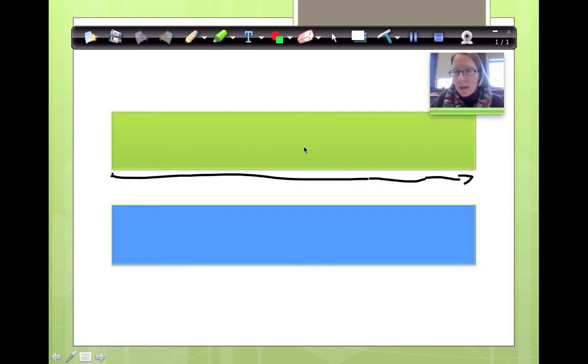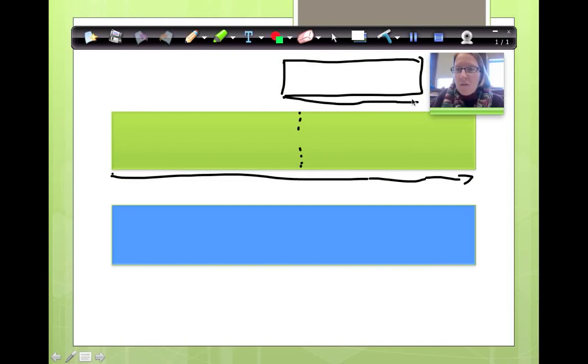And when you do that, your paper now looks like this. If you open it up, you have a line right here. Now, just like the fourths, I want you to do the same thing again. Take the fold and fold it to the edges. When you do that, along that short line of symmetry, you've got lines right here.